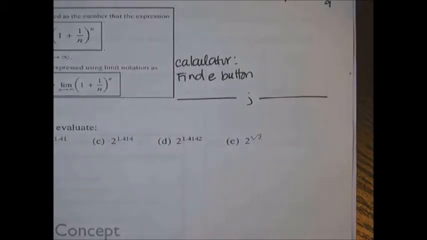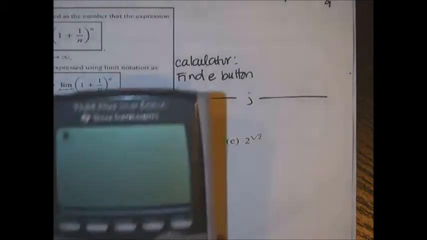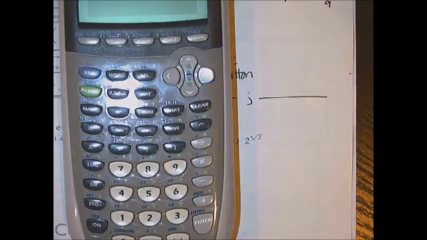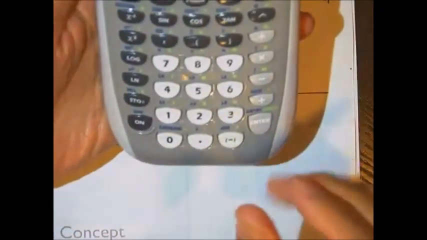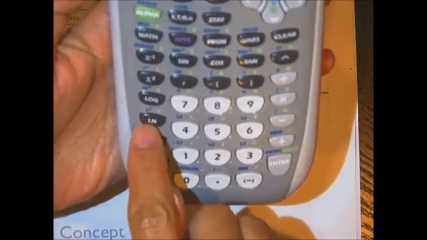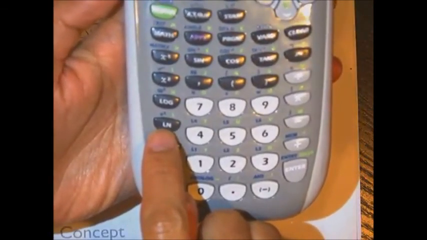Alright, now I need to go get my calculator. Hopefully you have written down where the 2 locations are. If you need extra help, I can point you to the location. The first location is the ln button. Can you see that right there?